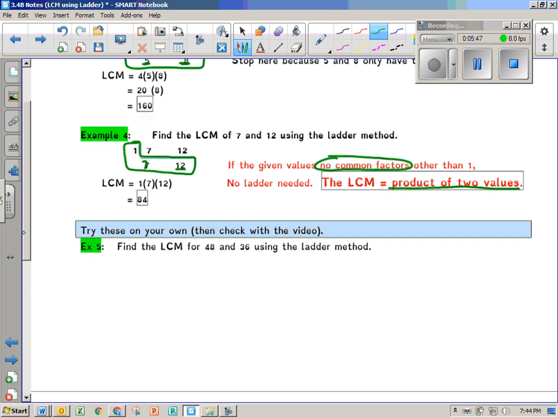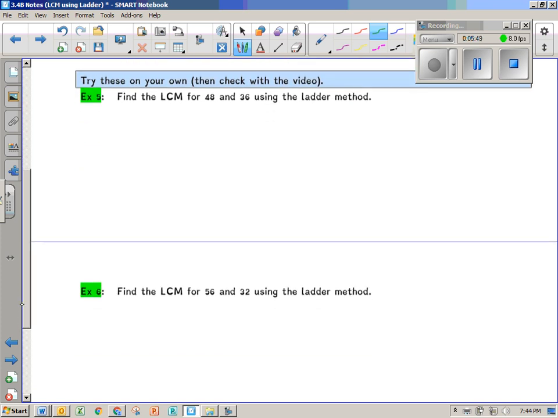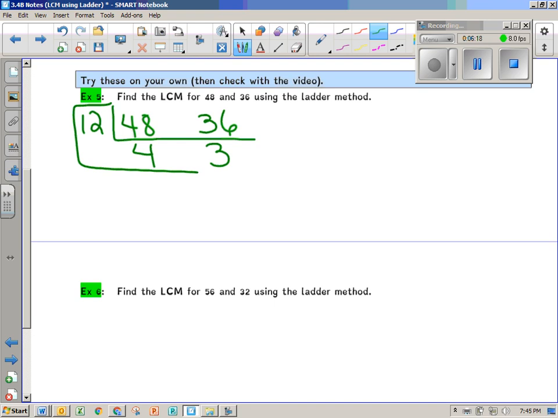So we've got a few to try on your own. Again, I suggest you pause the video and work them out, and then come back and see how you did. If you're going to stay with us, or if you're back, either way, just draw your ladder. You might start with 12. 12 goes into 48 4 times, 12 into 36 3 times. 3 and 4 have no common factors other than 1.